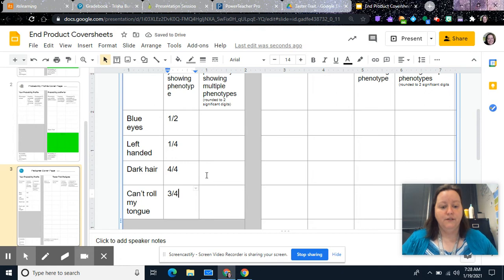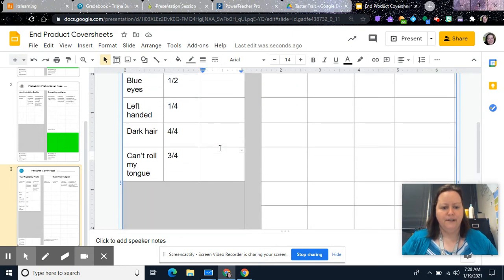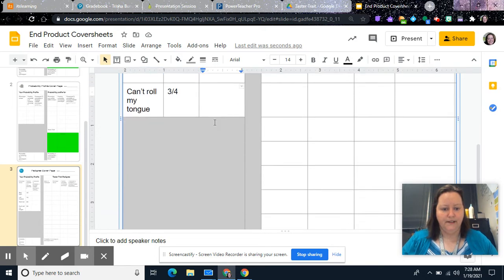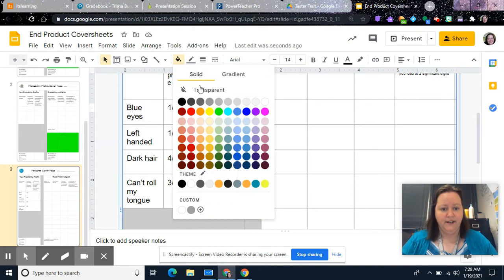So what we're going to do is the compound percent probability of showing these multiple phenotypes. I want you to look at blue-eyed and left-handed together, so whatever these first two are. I'm going to shade this one in.